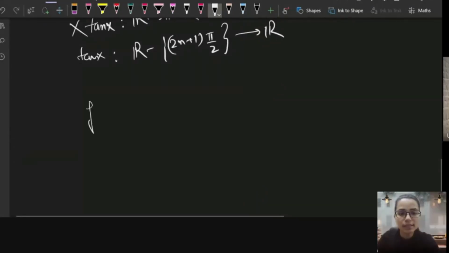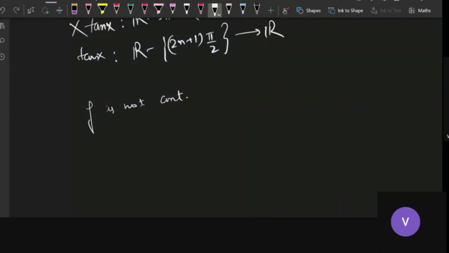So you're supposing that f is not continuous. It is given that it is strictly increasing, therefore the kind of discontinuity you have is the jump discontinuity.